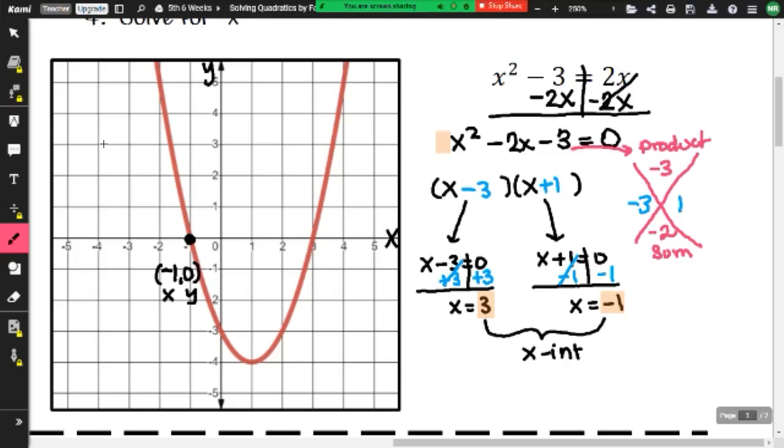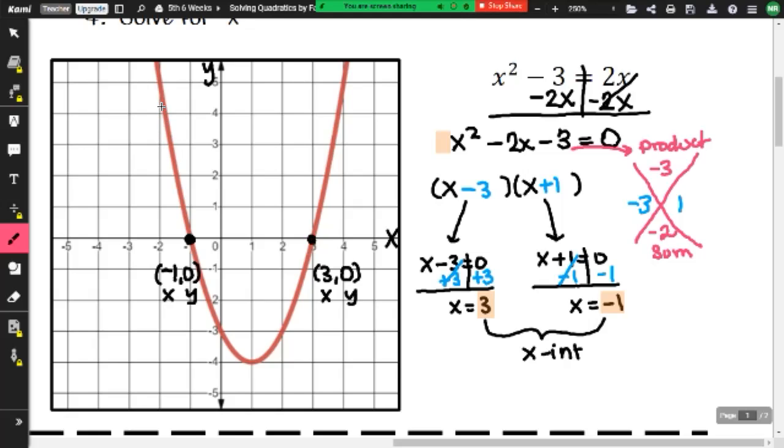Alphabetical order. All right, what is the coordinate, the point for the right one? 3, 0. X value first, then your y value. This number 3 is on the x-axis, on the line with the x. So the 3 has to go here.